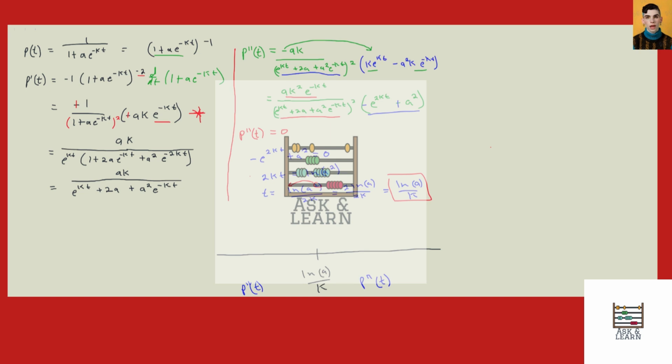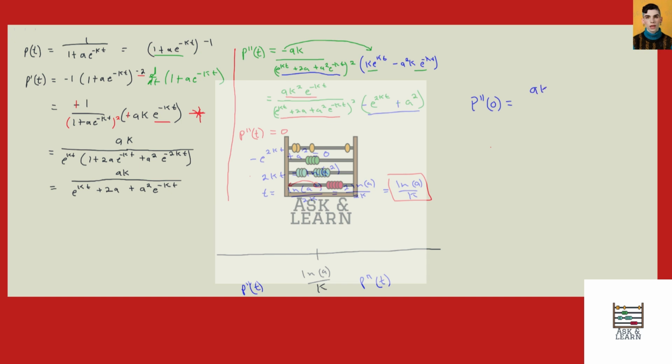So let's go ahead and on the left plug in 0. So let's see what p double prime of 0 is going to be. Well, we can just plug everything in to what we have right here. And doing that, everything should simplify down and give us the following.